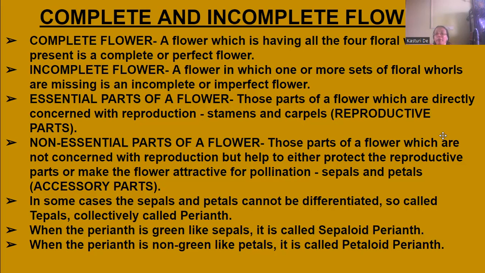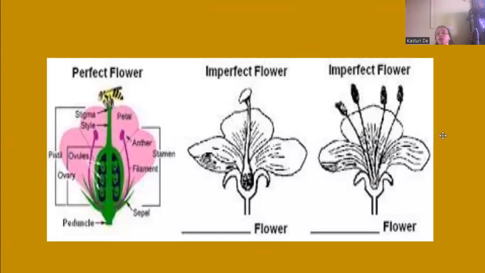Petaloid, oid means similar to, so perianth similar to the petals is known as petaloid perianth. Clear? Likewise, a sepaloid perianth resembles the sepals. Clear? Next, we move on to the picture.